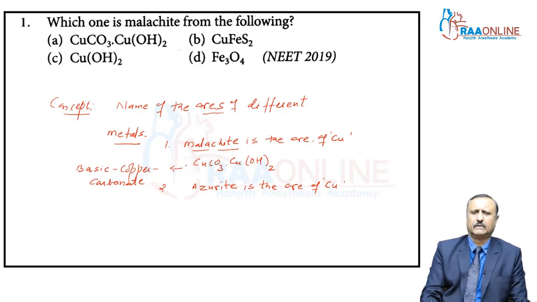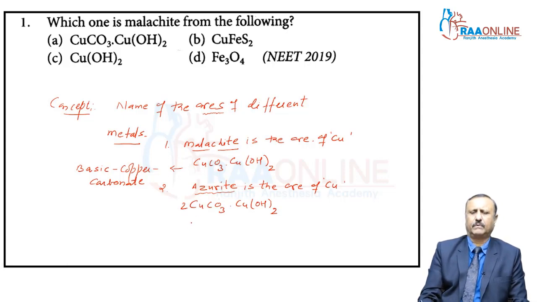When you take 2 moles of copper carbonate and 1 mole of copper hydroxide, then this is the name of the azurite, 2CuCO3·Cu(OH)2. When 2 moles of copper carbonate are present, then my dear student, it is called azurite, and here it is called malachite.